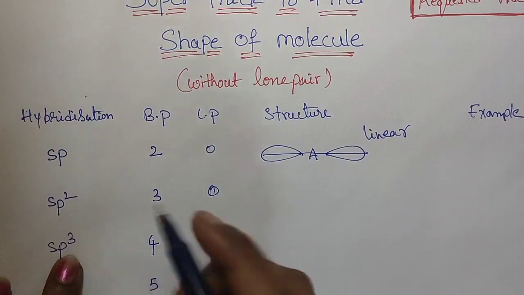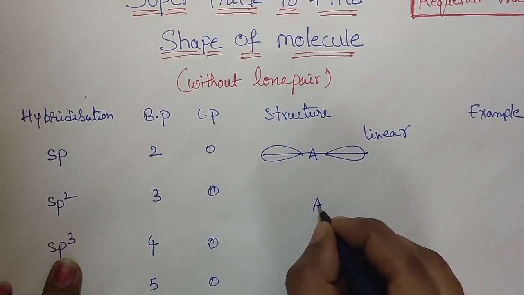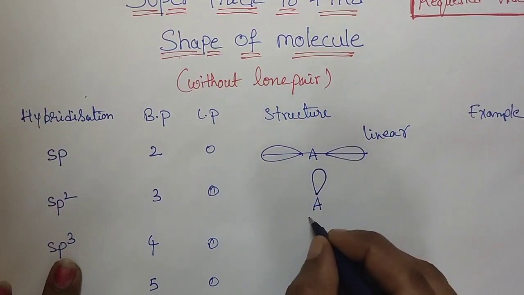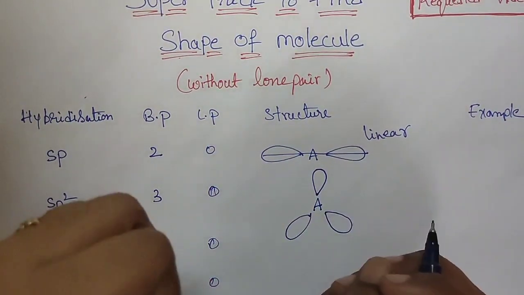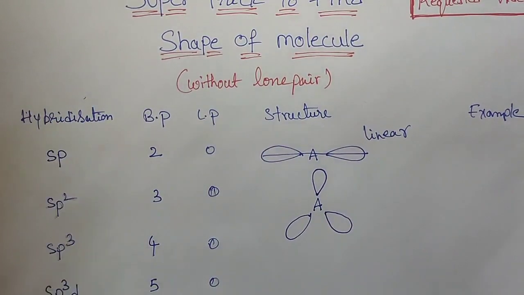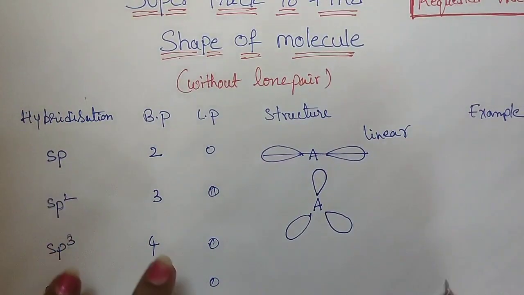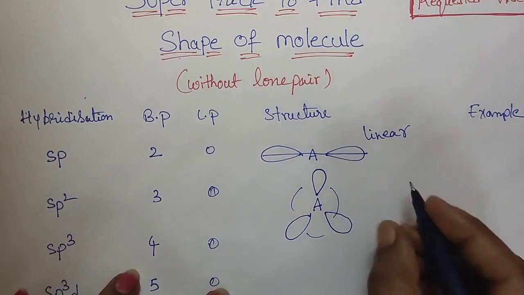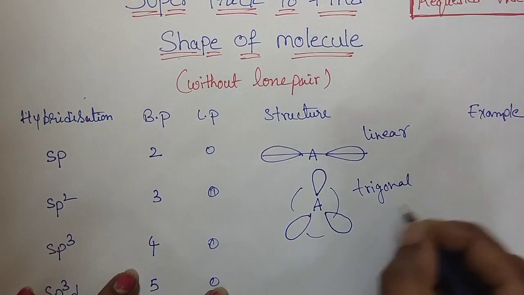Now sp2. sp2 means 3. For example, if we have 3 balloons, how do we arrange them? Like this. If you arrange them very closely, the repulsive forces are very high, so the molecule is not stable. The shape of the molecule is trigonal planar.